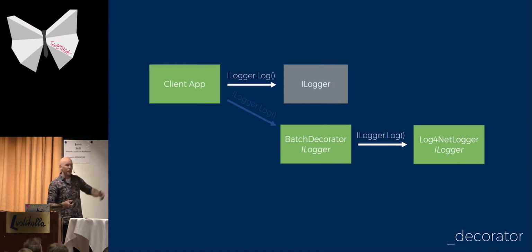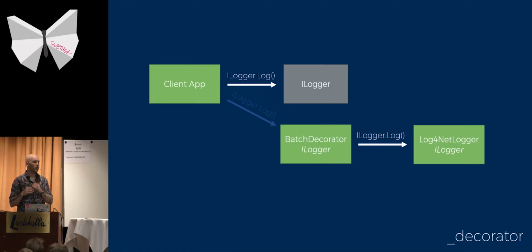So in this case, the batch decorator can add batching by basically not calling the log method on to the next implementer until it's reached a certain size of the batch, and then it batches all of them at once.